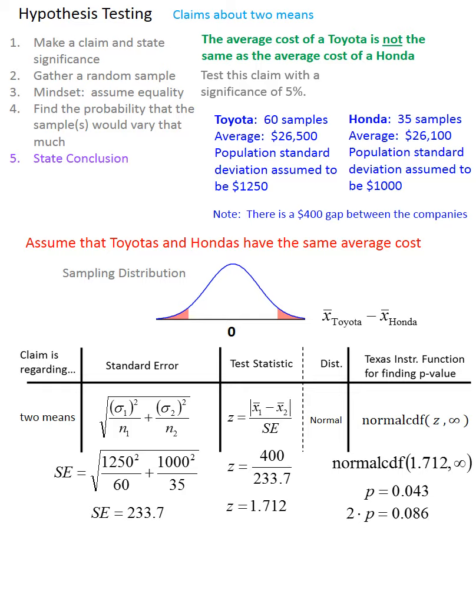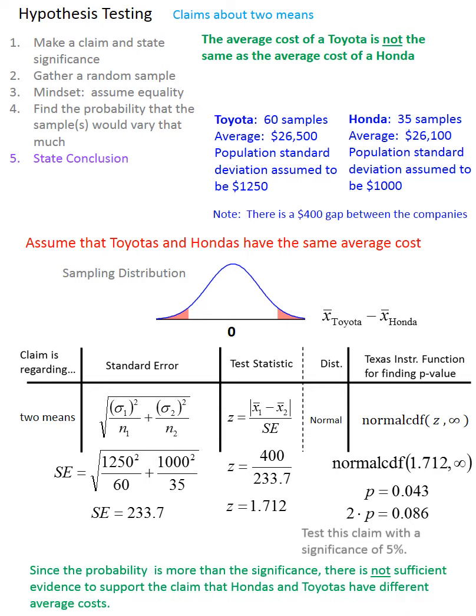Now, let's move on to our conclusion. We set out in this problem with the notion that if the probability of a false positive was 5% or less, we would accept the claim. But what the calculation shows is there's actually more than 5%. There's an 8.6% chance of a false positive, counting both directions.